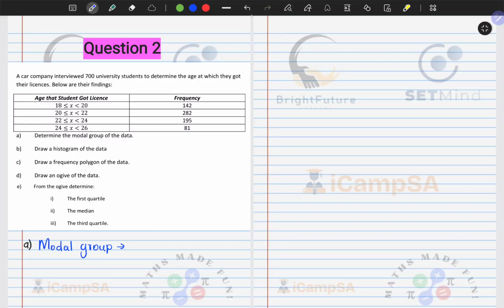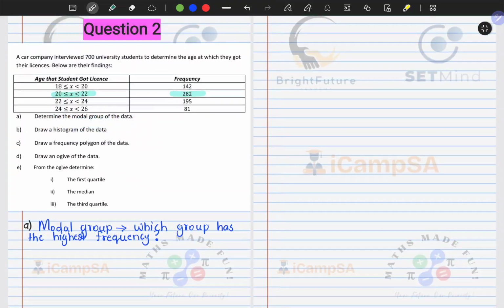And remember, once they speak of modal group or modal class, we need to ask ourselves which group has the highest frequency. Okay, that is the question that you should ask yourself. Now, if you look at these groups, you'll see that the highest frequency is 282. And this is for people aged between 20, inclusive of 20, but less than 22.